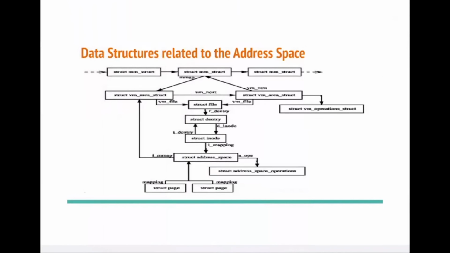So let's now see the visual of the different structures that we have already gone through. These are the structures of different processes. You can say this is P1, this is P2, this is P3. Within each process, we have different VM area structures, and these VM area structures are connected to each other with the help of the VM next field that we have already visited in our structure description.